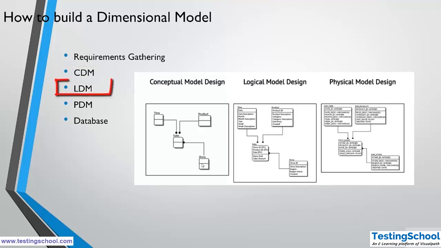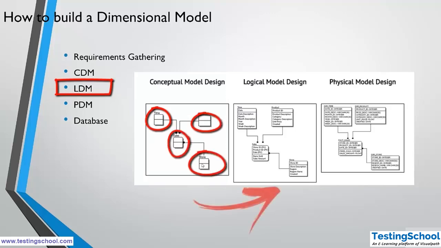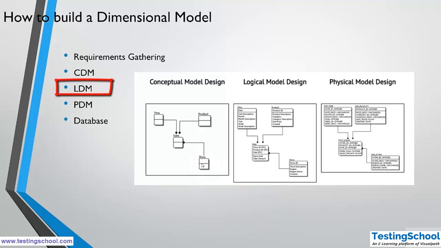Let's talk about the third phase, which is the logical data model or logical model design. Now, this is the actual implementation of a conceptual model into a logical data model. The logical data model is the version of the model that represents all the business requirements of an organization with attributes, right?